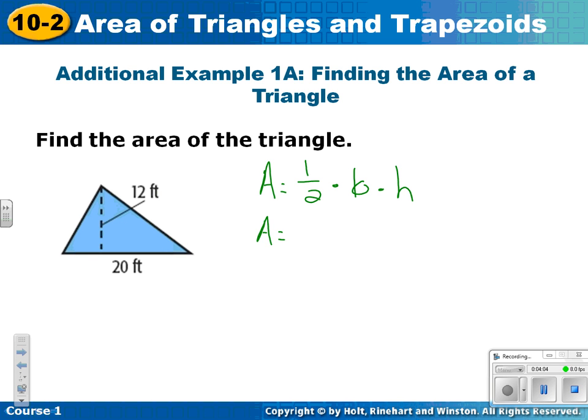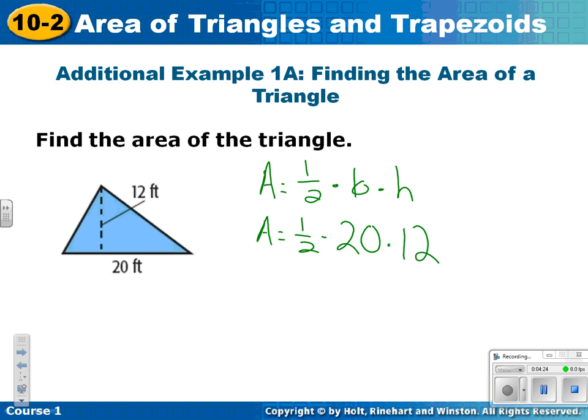A equals 1/2 times, what's my base? What's my B? Cesar. 20. What's my height? 12.